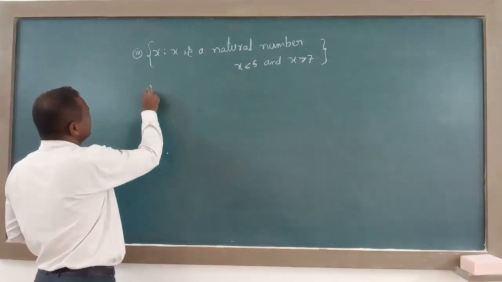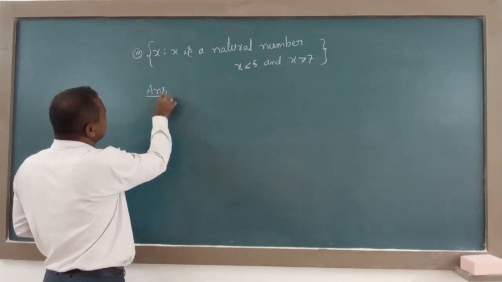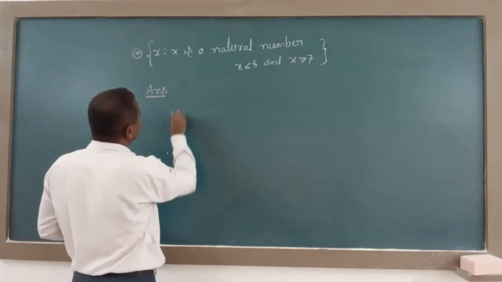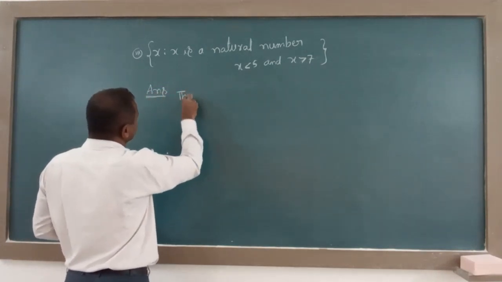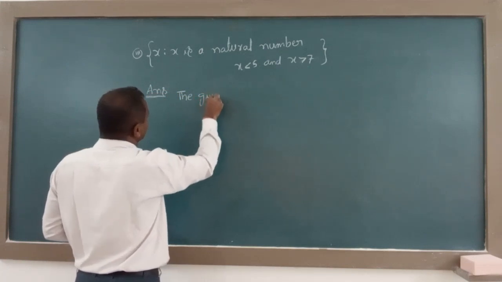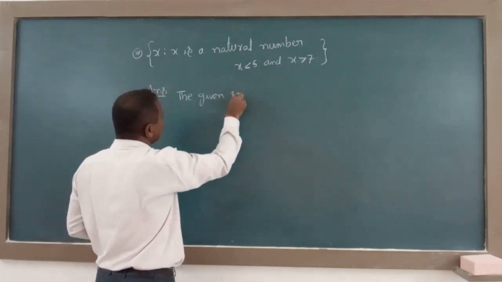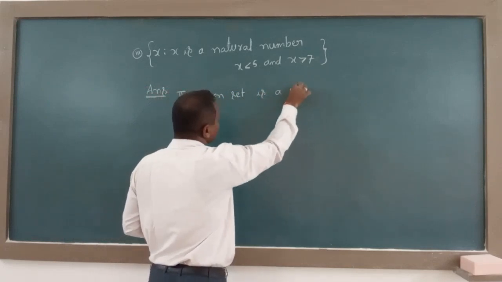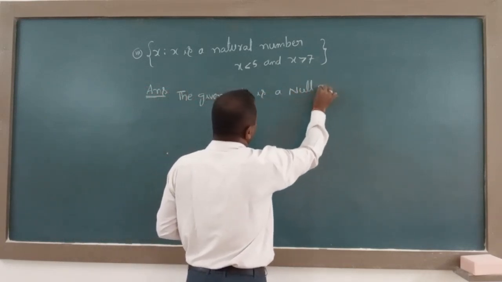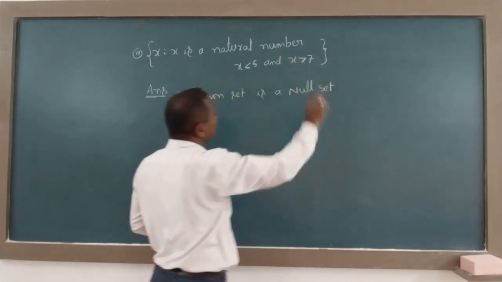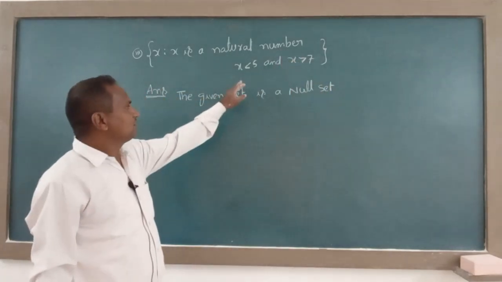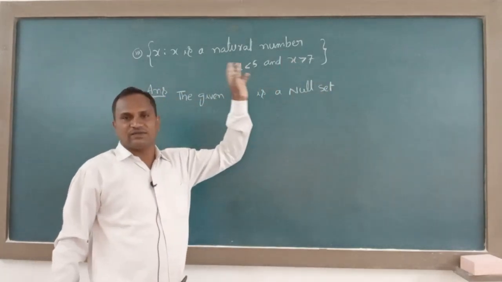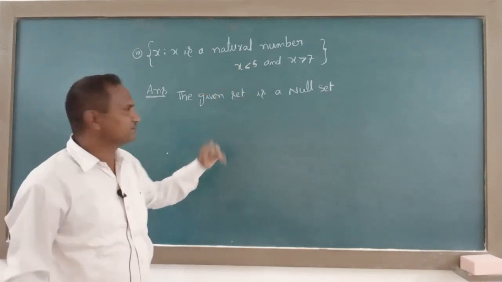The answer for this question is: the given set is a null set, because no number satisfies the given two conditions, less than 5 and greater than 7.